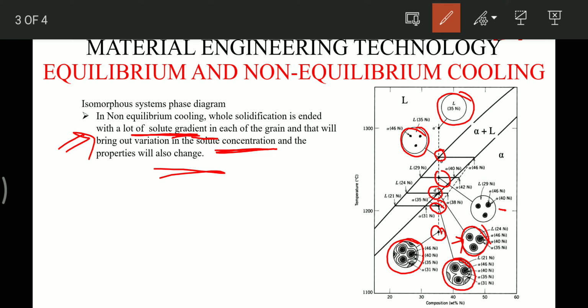But in non-equilibrium cooling, there are a lot of solute gradients, and these gradients bring variation in solute concentration, as well as a change in properties of the material. So this is the equilibrium and non-equilibrium cooling process.